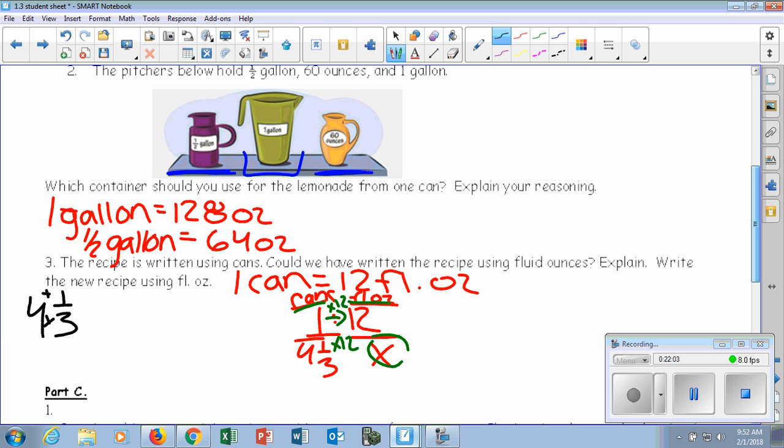So 4 times 3 is what? 12. And then we're going to add another one to it to get 13. So we could write it as 13 over 3. Okay, so why don't you put that in parentheses in your calculator, and then just multiply it by 12.